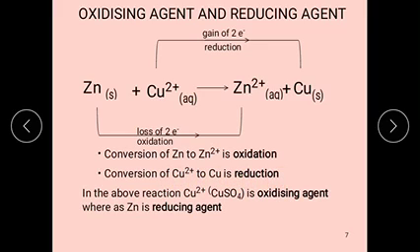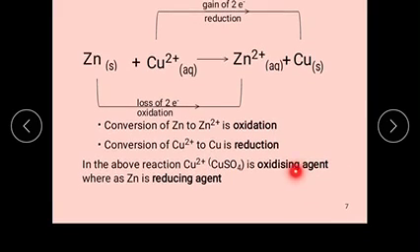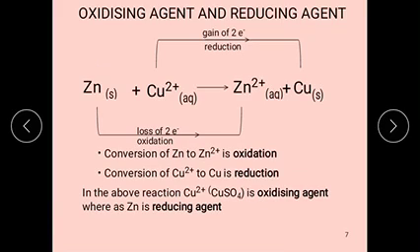Just now we discussed, in this case, copper plus 2 acts as the oxidizing agent, meaning it has the capacity to gain electrons from another atom or substance, whereas zinc is acting as the reducing agent.